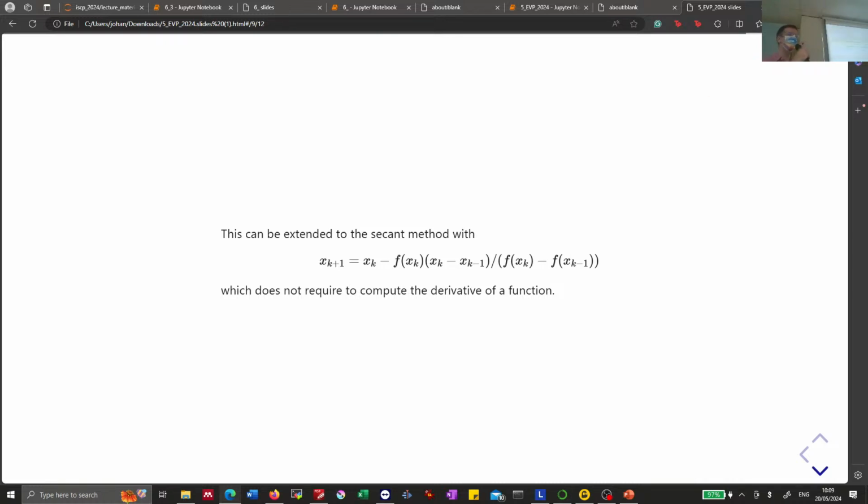Here, for example, for the second method, we say that the next point uses the information at the current point, like position and function value, including what we actually know from the previous point. So we now have 3 points to consider: the current one, the previous one, and the next one.